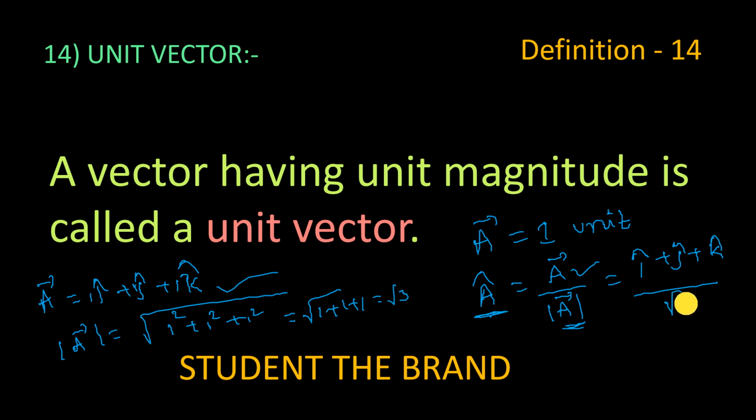So you have to write root over 3 here. Then this is the unit vector of A bar vector.